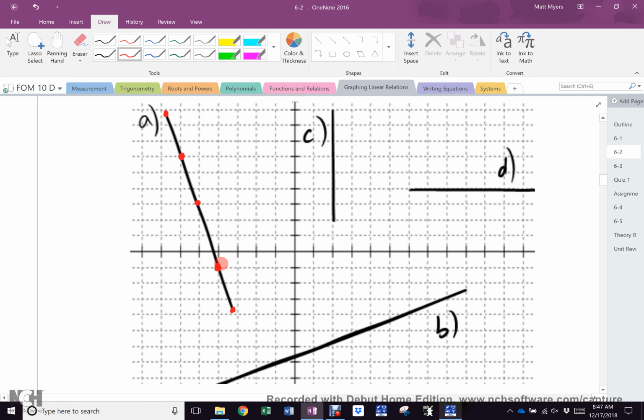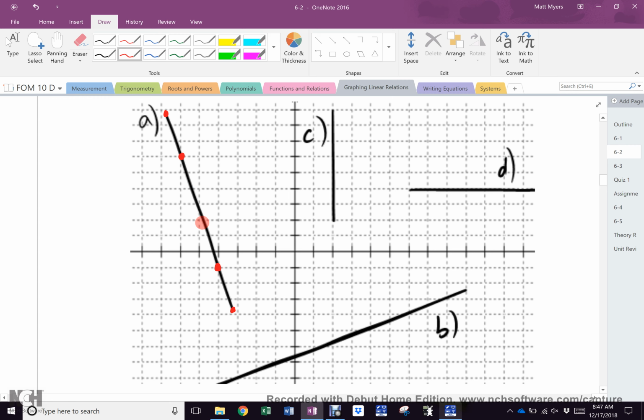Now, what will give me the best guess for slope? Points that are very close together or points that are further apart? One person says further apart, one person says close together. Further apart, right? The bigger the spread you have, the more accurate it is going to be. So, now I have my 2 points, yes? Are they on the graph?